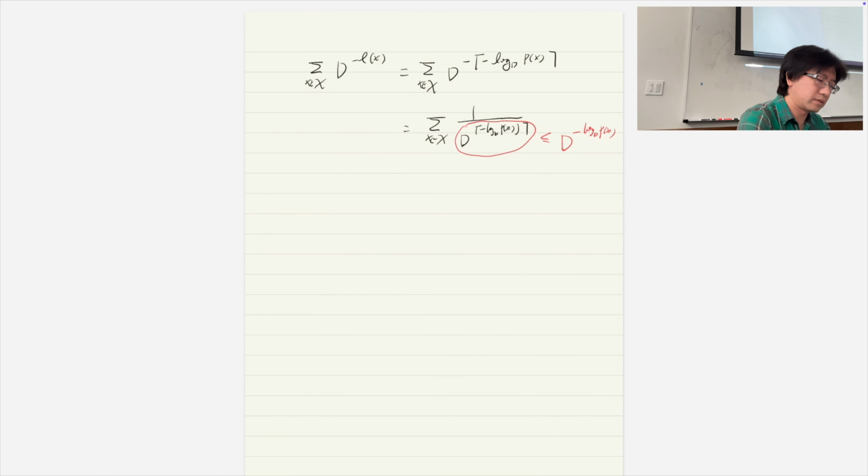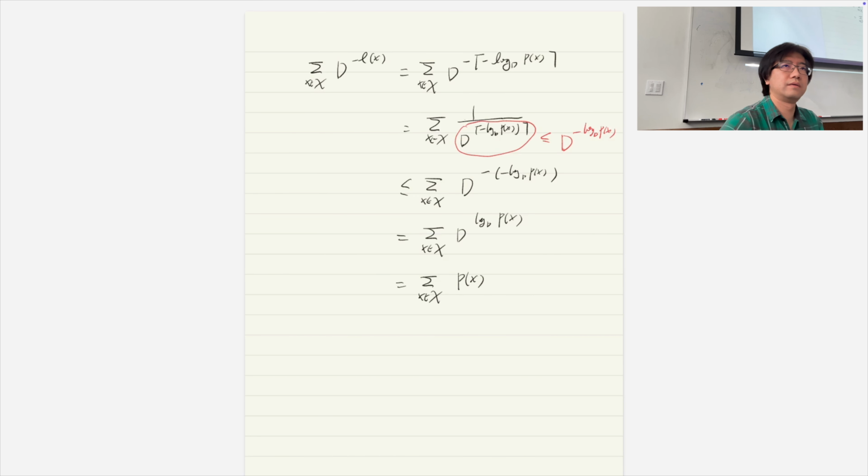Then we do have an upper bound, which is good. That equals D to the log base D of P(x), which becomes P(x). Summing over x, that equals 1. So this sum is indeed less than or equal to 1. Then we're good.